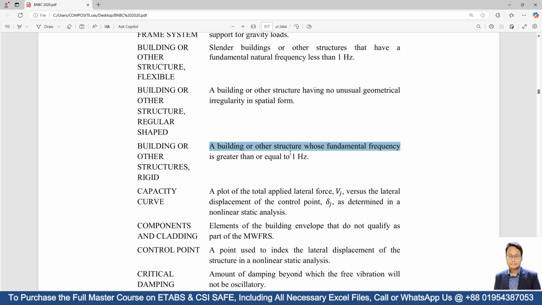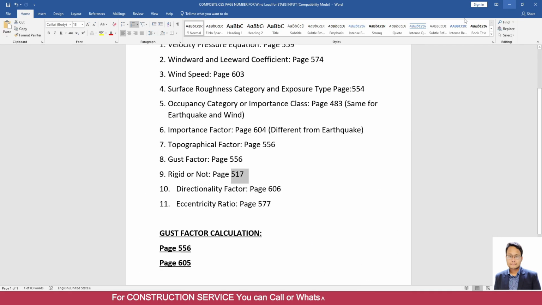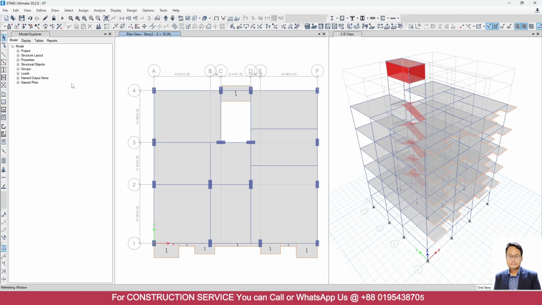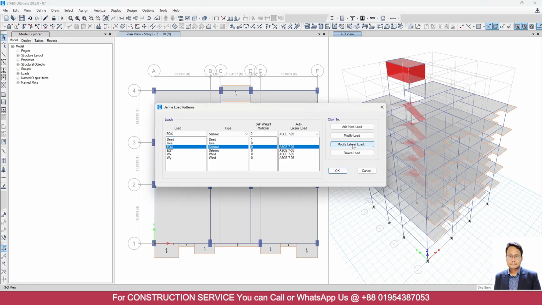That means if the fundamental frequency of a structure is greater than 1 Hz, we will say the structure is rigid. So go to ETABS, go to define, go to load pattern, modify.